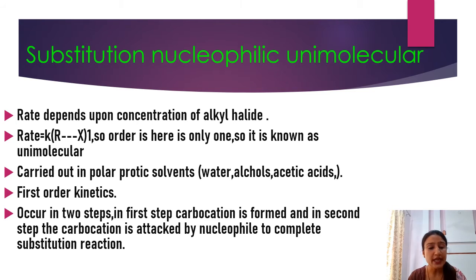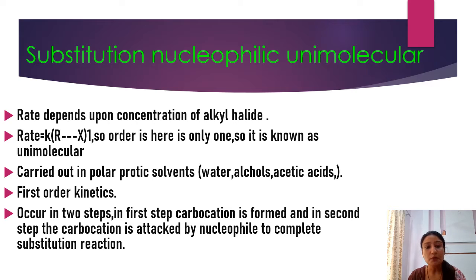Now, substitution nucleophilic unimolecular reactions. Firstly, the rate depends upon the concentration of only the alkyl halide, not on the nucleophile. Only one species, the alkyl halide. The rate of reaction is of order 1, so they follow first order kinetics. So it is known as unimolecular.